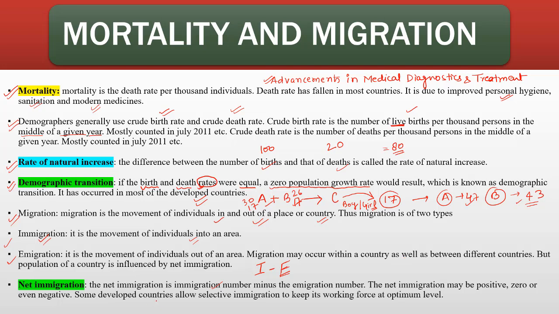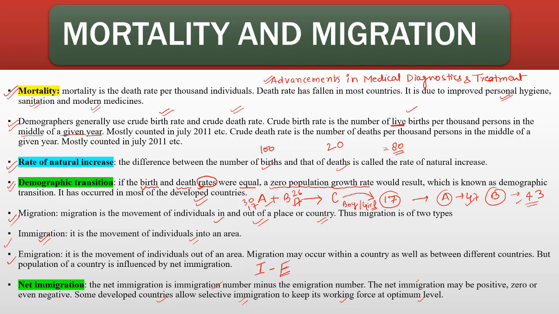Some developed countries also allow selective immigration to keep their working force at optimum level. Like there are some countries which actually allow only some particular individuals of some particular countries to help them with their developing strategies. So the developed countries, they allow some selective immigration, okay, to keep their working force at optimum level, right?